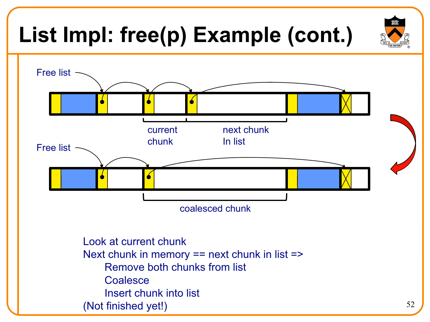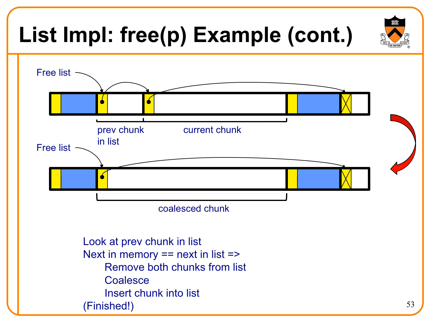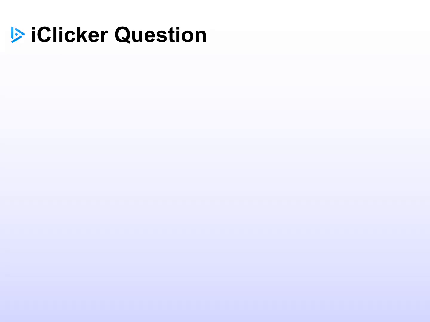We should, again, combine them as much as possible in order to minimize external fragmentation. Here's the second step of that case, where we're actually combining 3 blocks into one. Before we do a full workup of the performance, think about this algorithm for free specifically.